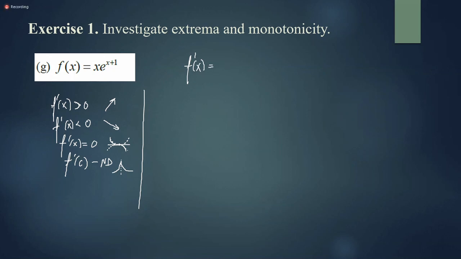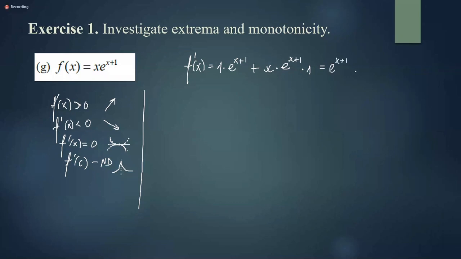So x differentiated 1 times e to the power x plus 1 without differentiation plus x without differentiation times e to the power x plus 1 times derivative of this exponent, which is, of course, 1. I am writing it down simply to remind you, because I know that people tend to ignore some things. E to the power x plus 1.